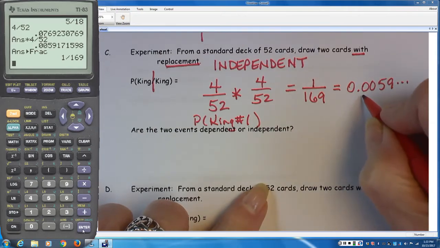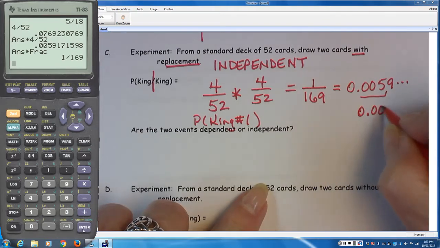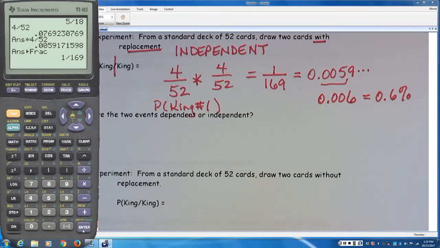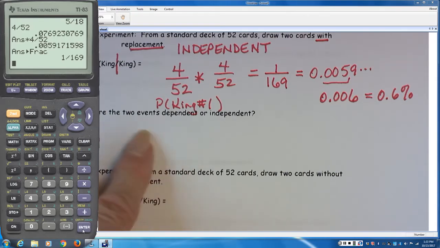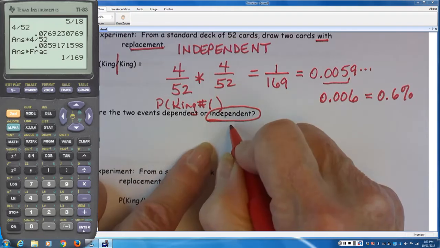So if I round that to 3 decimals, then that's going to be 0.006, which is 0.6%. So again, those 2 events are independent because of replacement.